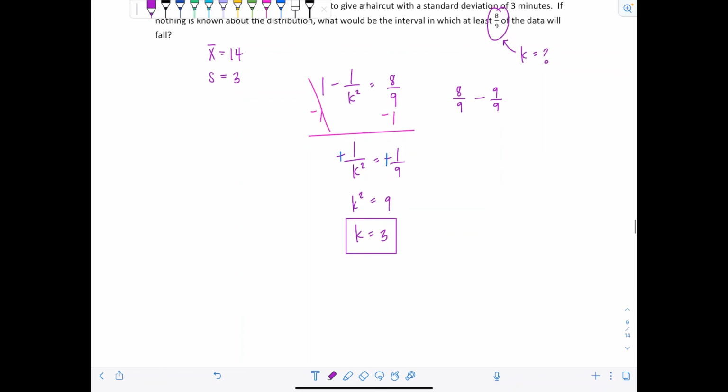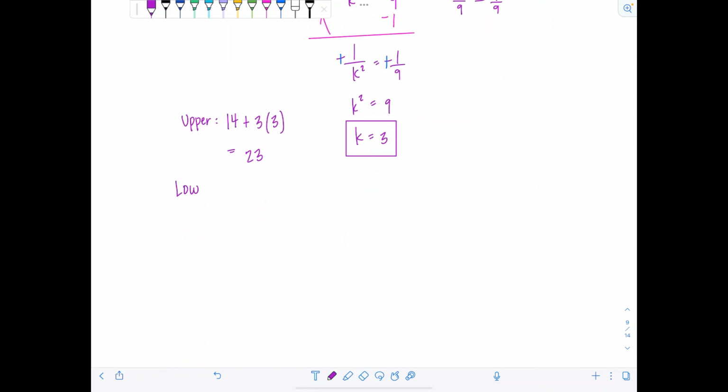Okay. So the interval in which 8/9 of the data will fall corresponds to 3 standard deviations above and below the mean. So to get the upper bound, I'm going to take 14 and add 3 standard deviations. So 3 times 3. So that's 14 plus 9, so 23.